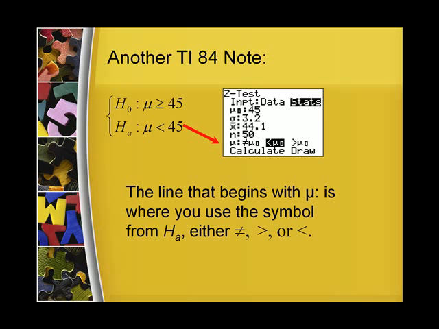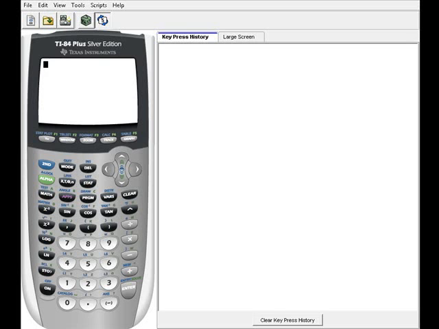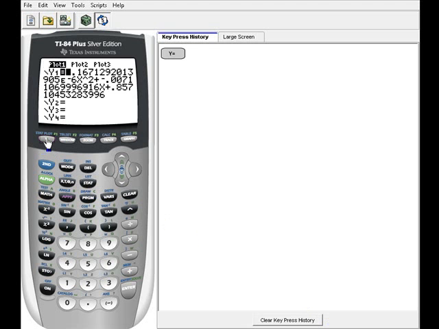Finally, before we turn to the calculator, the line that begins with mu colon is where you use the symbol that you chose for the alternative hypothesis, or H sub a. Go ahead and turn your calculator on. First thing we're going to do is clear out our equations by pressing Y equals and then clear next to each equation.